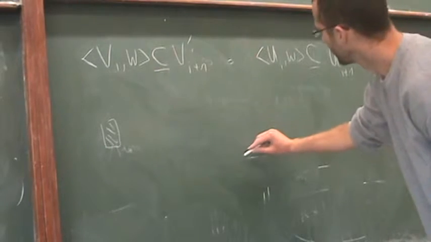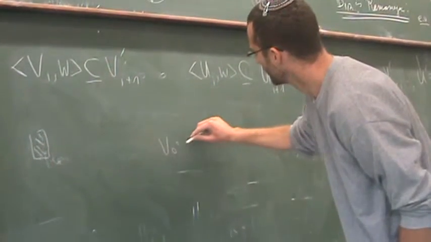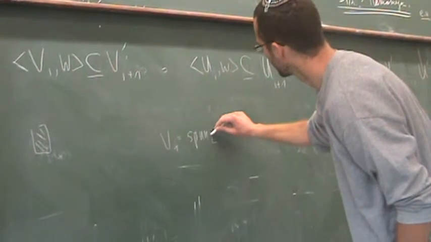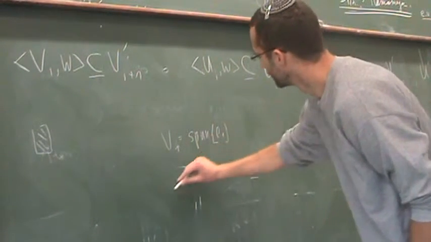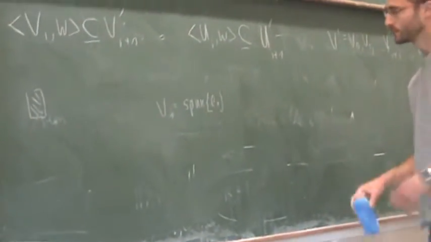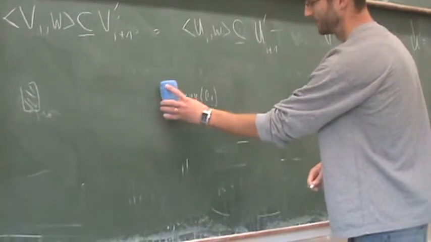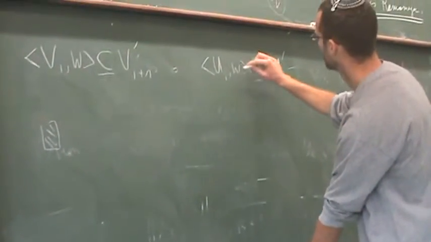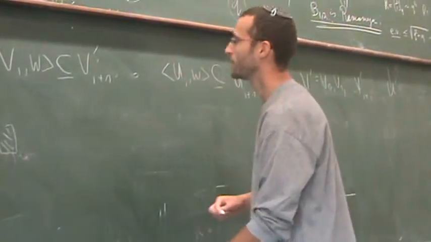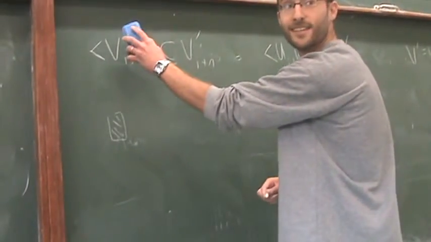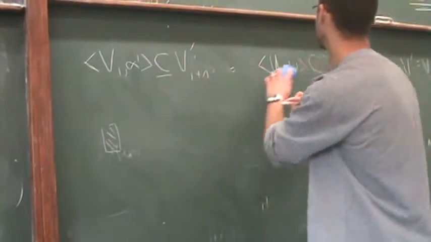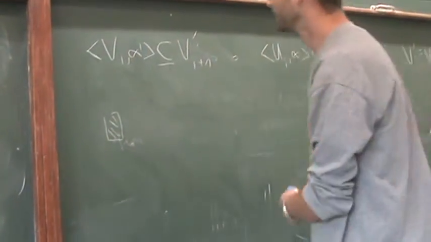Well, if you had, say, V_1, E_1 would be the span of some vector E_1. W is a vector, right? We can maybe give it a different name, to stress this is a vector. Alpha, say. Okay.